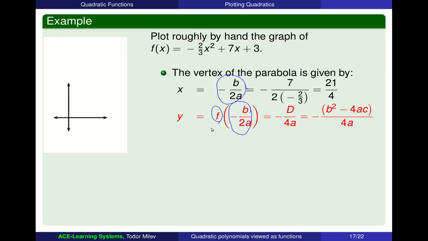We're guaranteed, when we do that, to get minus the discriminant over 4a, which is the same as negative b squared minus 4ac over 4a. If you remember, that was the constant term obtained when we complete the square.